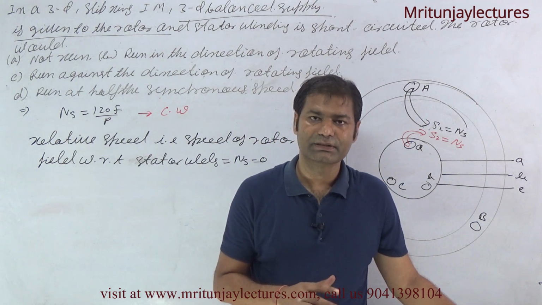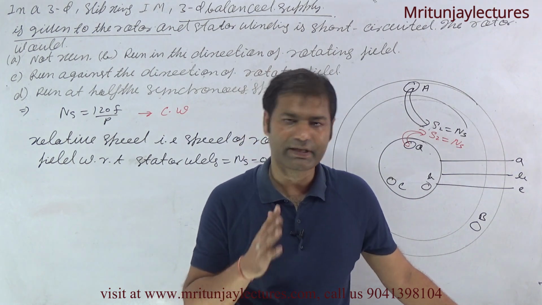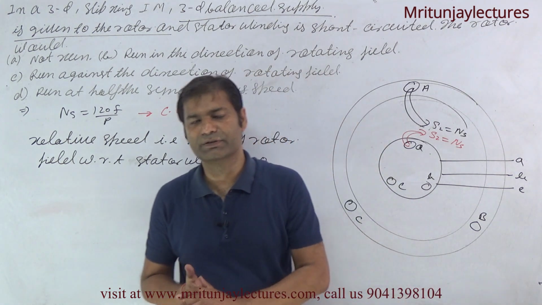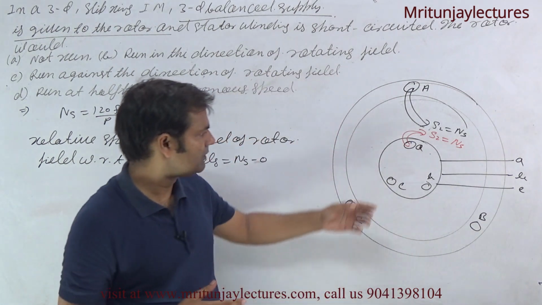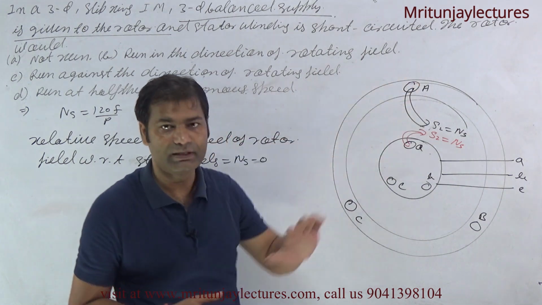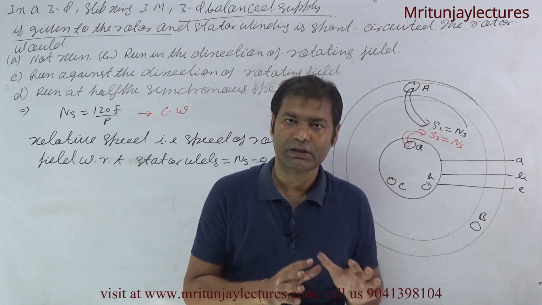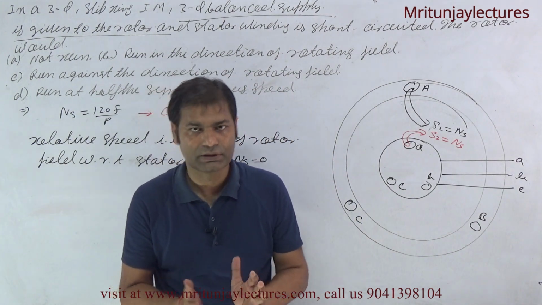If flux changes, then induced EMF is generated according to Faraday's law, because I know that E equals d phi by dt. So here relative speed occurs between the rotor field and the stator winding. That's why the flux changes, and then induced EMF is also generated.